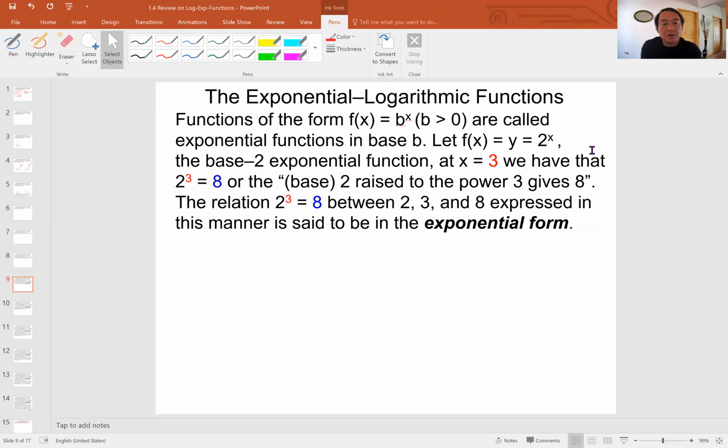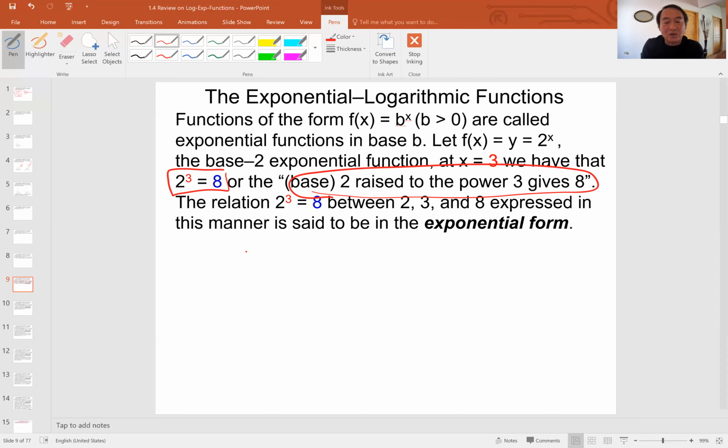When we associate these 3 numbers, the base, the power, and the result, in this format, something raised to some power equal to something, we call this the exponential form of stating these relationships. There are other ways to state these relationships.